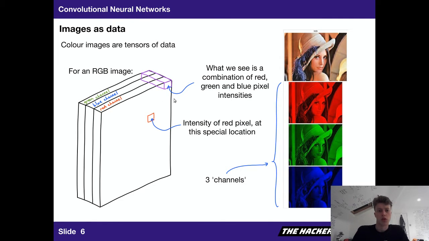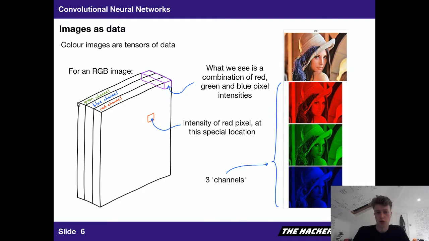So to mention images as data, what that actually looks like is not just a matrix of width and height. If it's got color, then it's probably going to be an RGB image. What that means is that this image also has a depth where the different layers represent the different channels, the intensities of pixels of a certain color. So the first channel in this image represents the intensity of red at any given spatial location, and then the same for blue and the same for green.